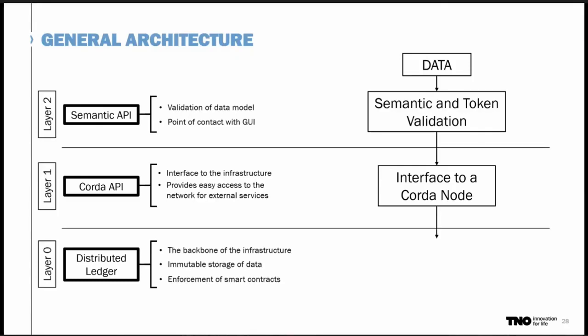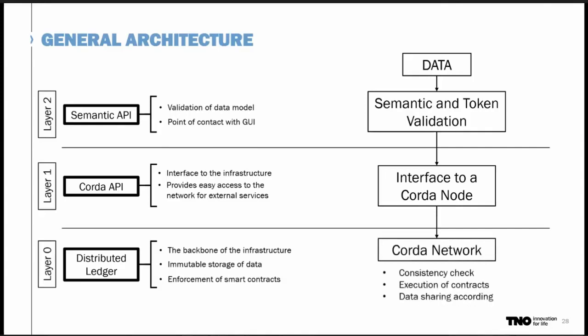Once the data reach the Corda node, the transaction is composed, a consistency check is performed, contracts are executed to further ensure legitimacy and rules application, and data is shared with other nodes in the network according to agreed logic and permissions. So the crucial part of this stack is clearly the Corda network.